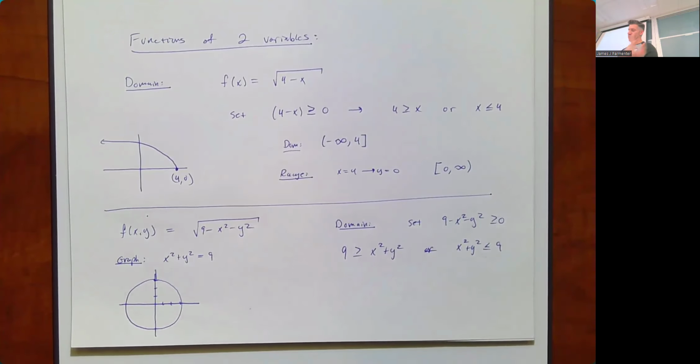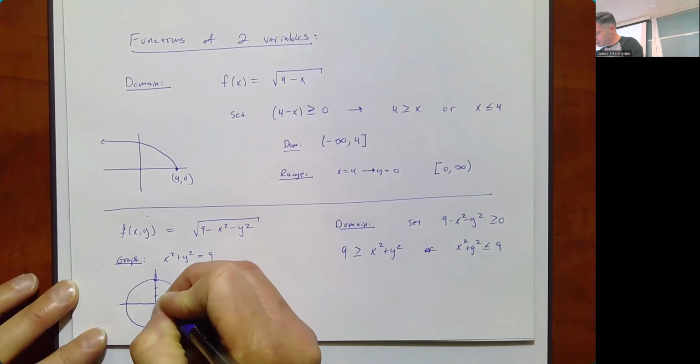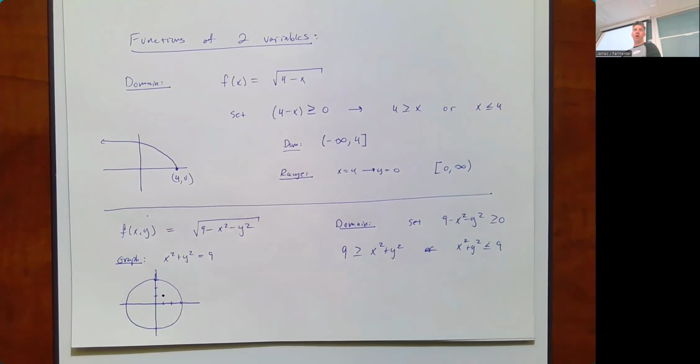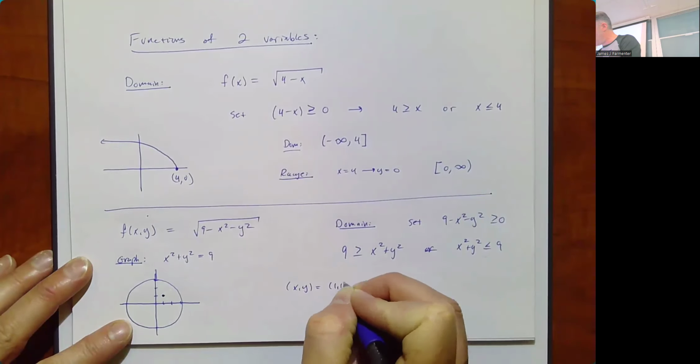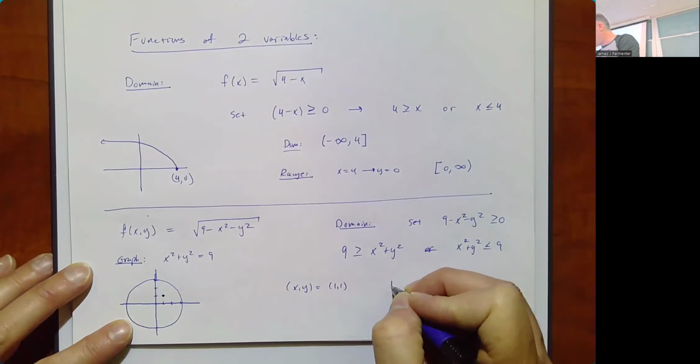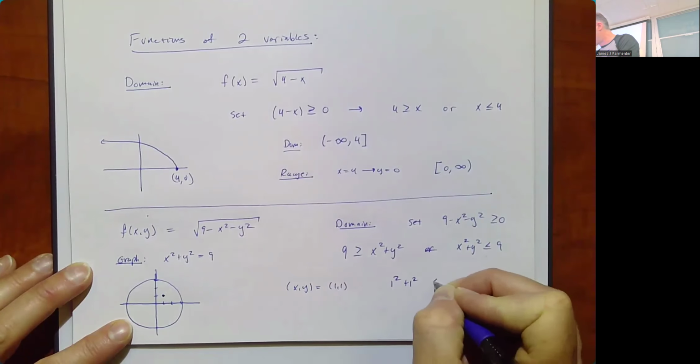I'm going to make a slightly different choice and pick the point 1, 1. So there's the point 1, 1, clearly inside the circle. Is it in the domain? If you plug in 1 for x and 1 for y, does this inequality still work? Well, let's see. If x comma y equals 1 comma 1, is it true that 1 squared plus 1 squared is less than or equal to 9?